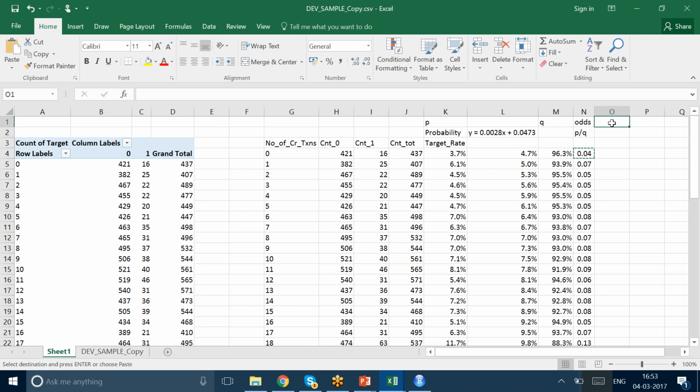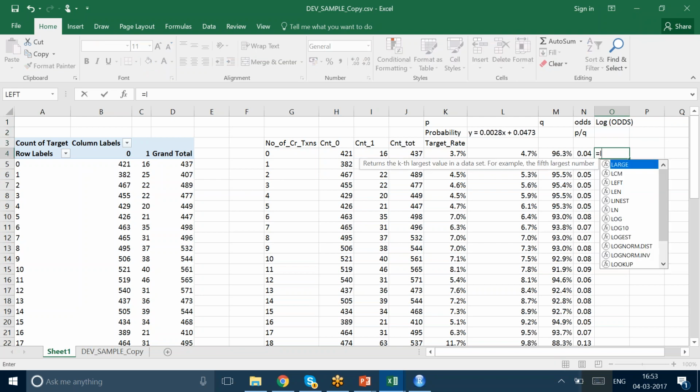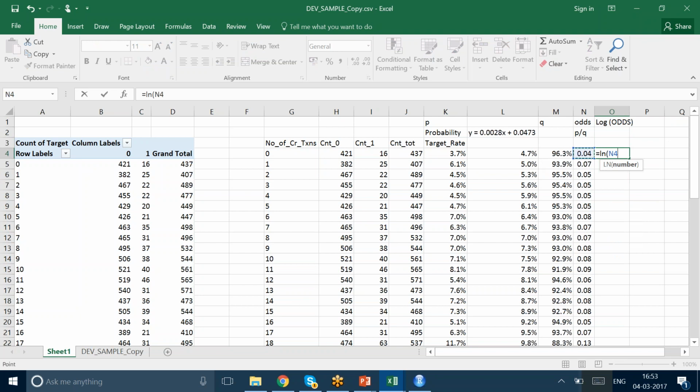So the next transformation that the statistician did is log odds. What I'll do is take the log of this odds.